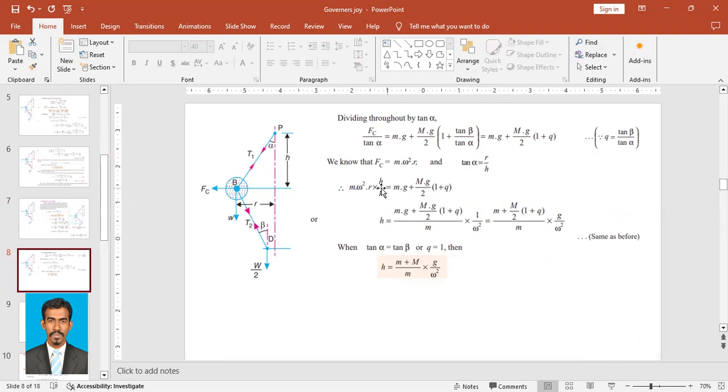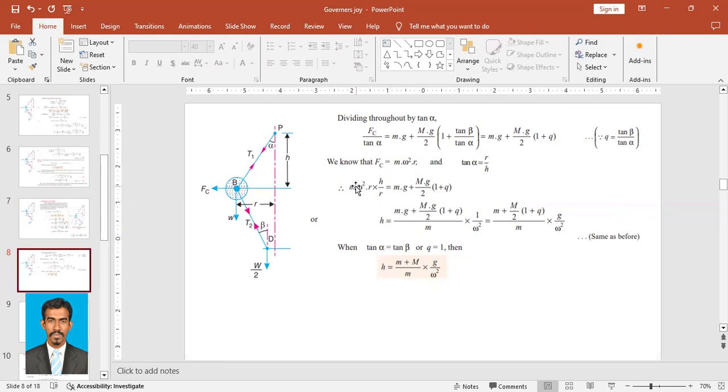If tan alpha is equal to r upon h, 1 upon tan alpha is equal to h upon r, the opposite of that. h upon r equals this side, mg plus capital Mg by 2 into 1 plus tan beta by tan alpha, which is equal to q, so 1 plus q. This r and this r will be cancelled out. So what will we have? h omega squared m. And we will take h as the subject.